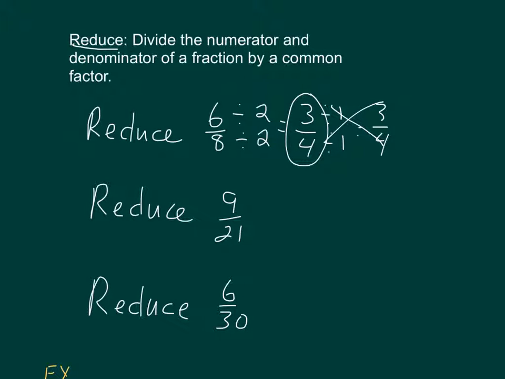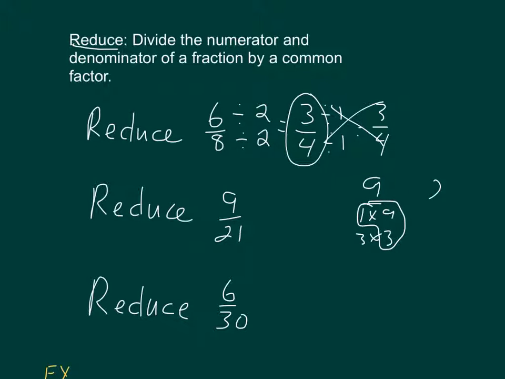Okay, so if I'm going to reduce 9 over 21, I can't divide those both by 2, but that's not the only possible common factor. 9 has other factors, and so does 21. The factors of 9, just to give you a quick example, are 1 and 9 and 3 and 3. So it's really 3 different factors, 1, 3, and 9.